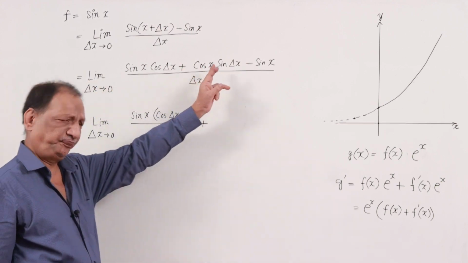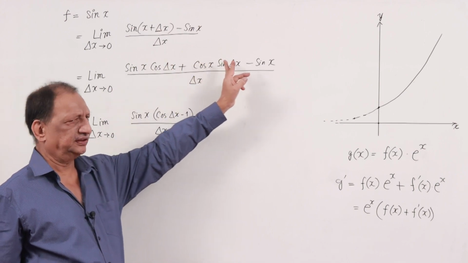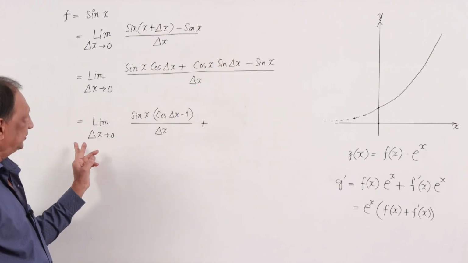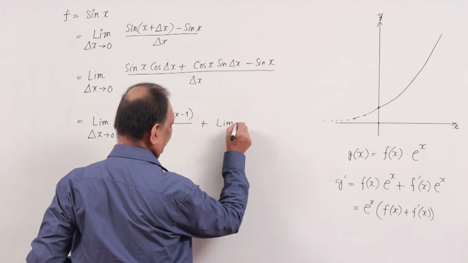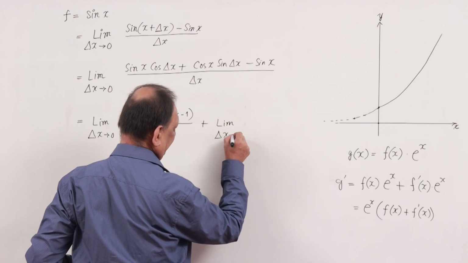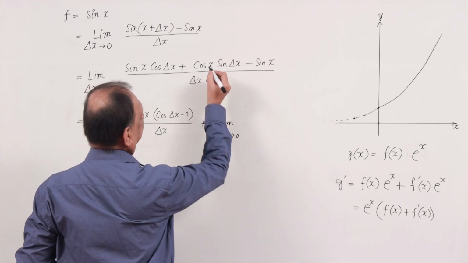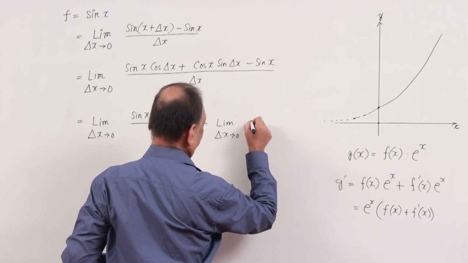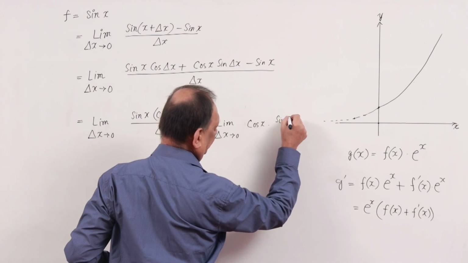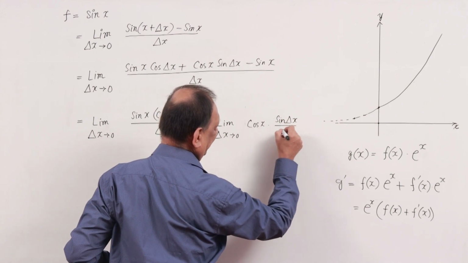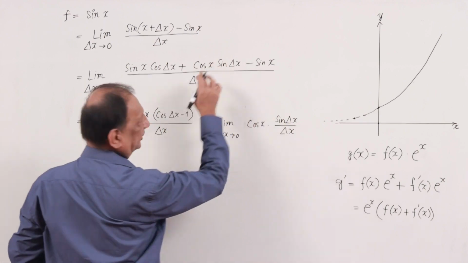I got 2 terms here. The limit of a total of 2 terms is the total of the 2 limits. So plus the limit as delta x tends to 0 of cos x multiplied by sin delta x by delta x. This is the other term.